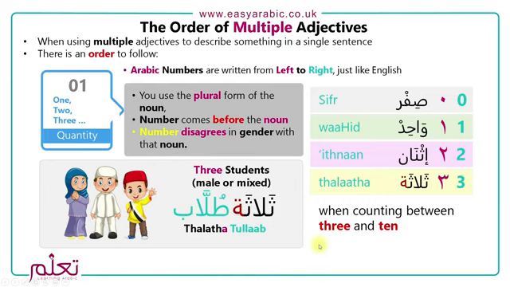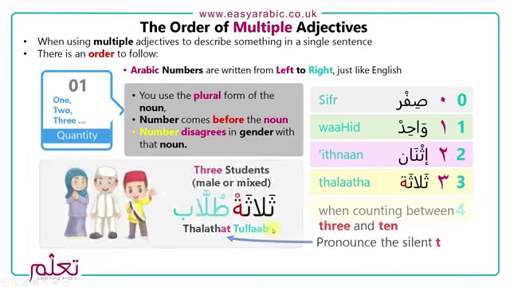The only thing is that we must pronounce the silent T. So instead of saying thalatha tullab, it'll be thalathat tullab. Quite a lot to learn, but if you go through and watch this video a few times, you'll definitely get the hang of it. And we'll do a few more examples just so that you get an understanding.